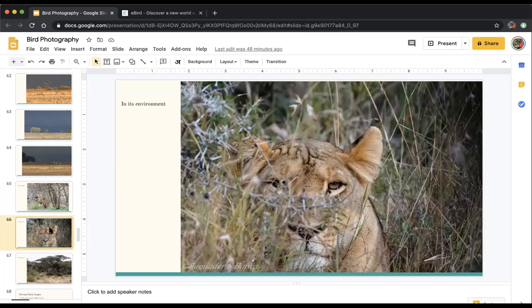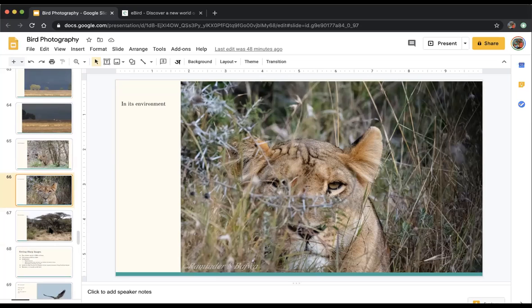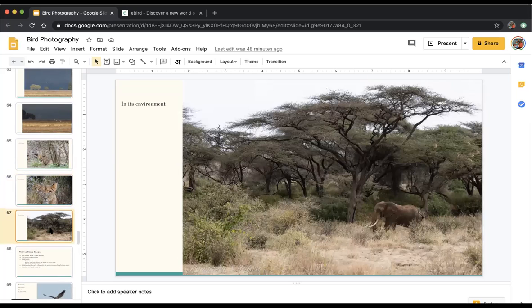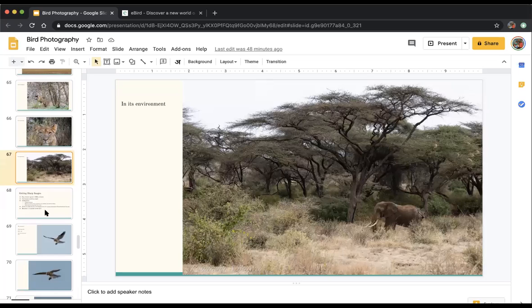So this is a similar one. Again, there is something slightly scary and menacing about this picture, the way she is looking from behind cover. That's another one.